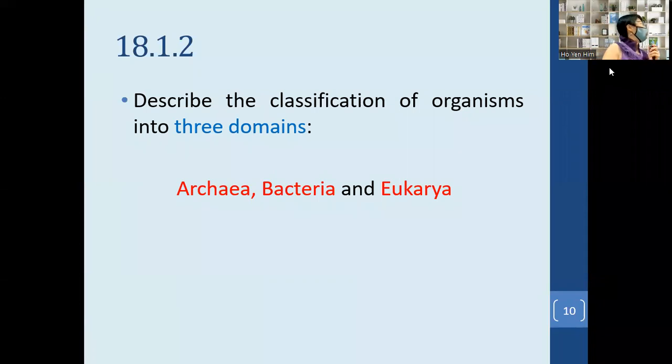But then they noticed that the prokaryotes, which are the bacteria, can be further divided into two groups. One is the extremophiles. That means they love to live in very extreme conditions, like very high temperature and very acidic pH.